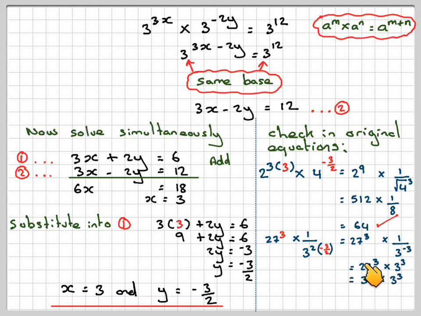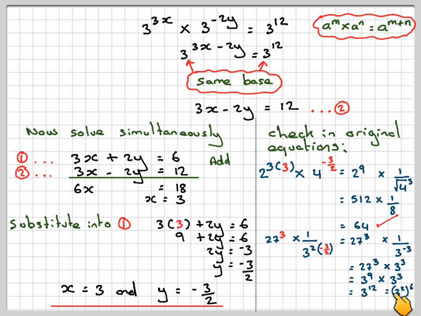Okay, and then you're going to get 3 to the 9, because 27 is 3 cubed. 3 cubed is 3 to the power of 9 times 3 to the cubed, which is 3 to the 12.